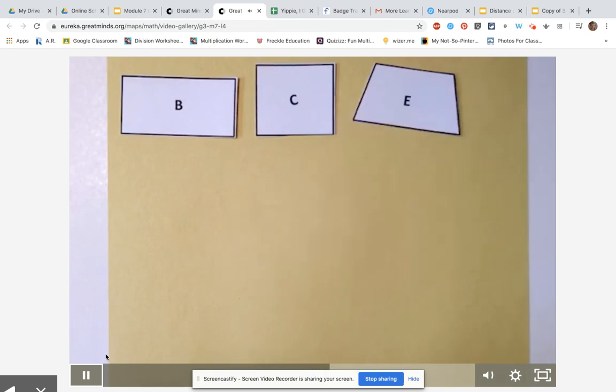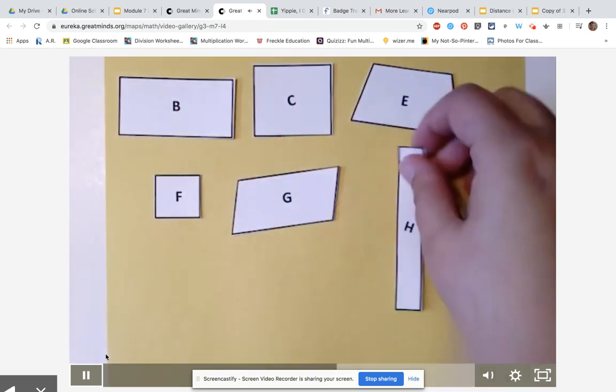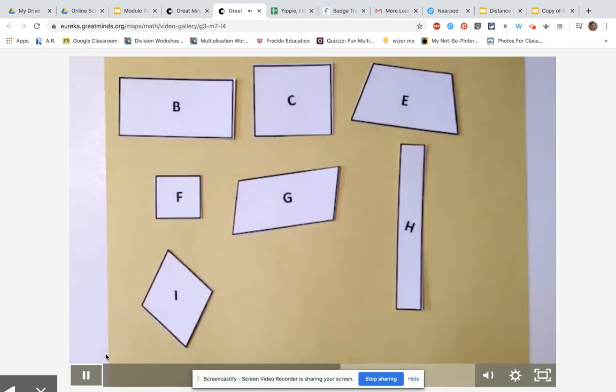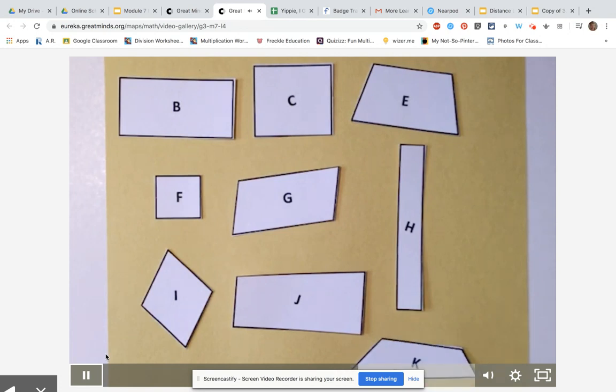E, F, G, H, I, and J are all trapezoids because they all have at least one set of parallel sides. Shape K is not a trapezoid because it does not have at least one set of parallel sides. And our last shape, L, is a trapezoid.